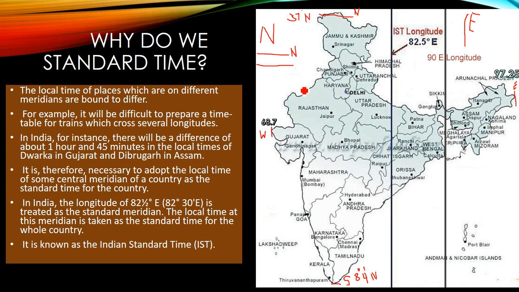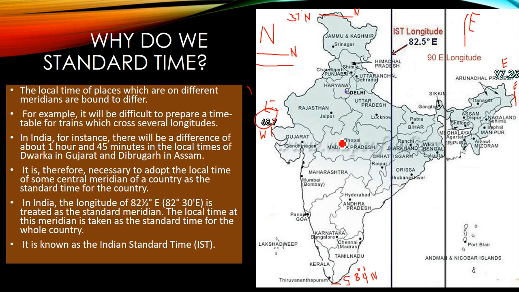Still north because we are in the northern hemisphere. Good. Now this is 68.7 degrees east to 97.25 degrees east. This is our eastern extent, that is west to east. Now in these longitudes and latitudes, our country is placed.